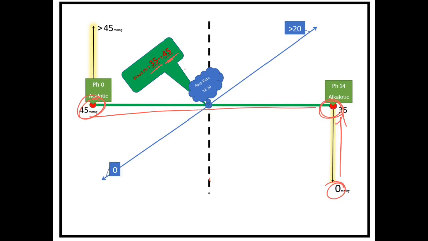And someone who is in respiratory acidosis is going to be greater than 45 millimeters of mercury. The blood's pH, the end tidal CO2, and the respiratory rate all play a role. Respiratory rate, anything less than 12 is slow, and anything greater than 20 is fast.